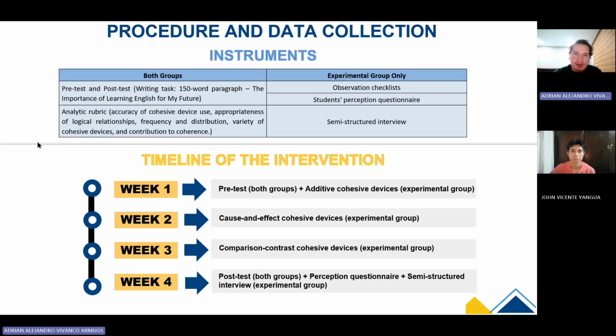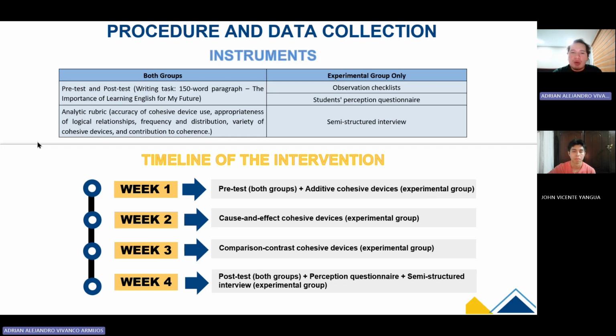Each criterion was scored on a scale from 1 to 4, producing a maximum score of 20 points. But to facilitate interpretation of the data, the final scores were converted to a 10-point grading scale.